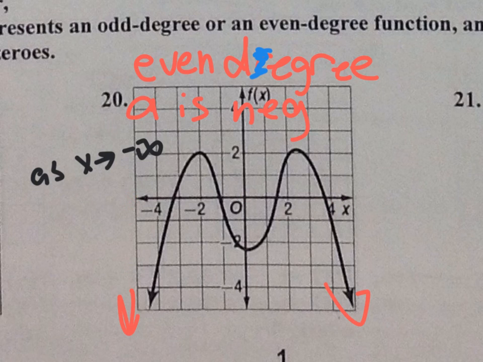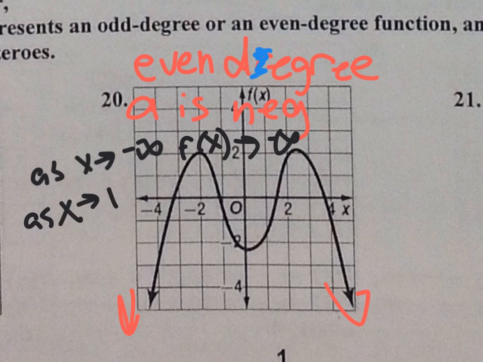Negative infinity. So you would say f of x approaches negative infinity. Does that make sense? As x approaches positive infinity, f of x approaches what? Negative infinity. So I'm also going to ask you to do end behavior. Cool? Cool.